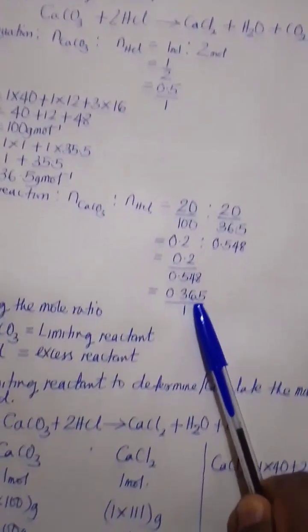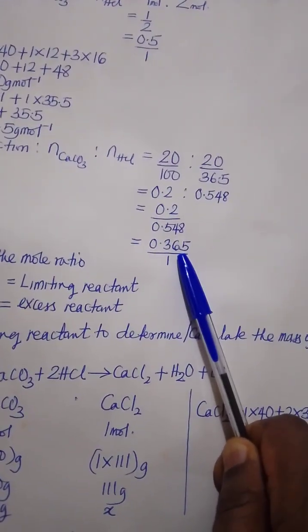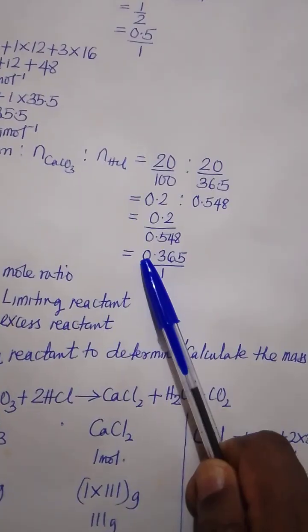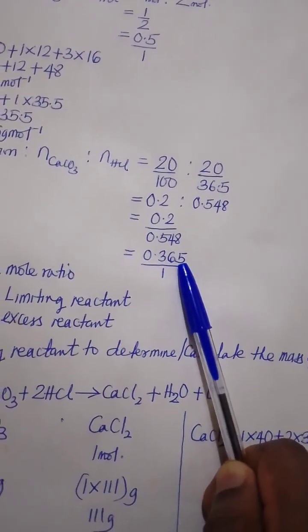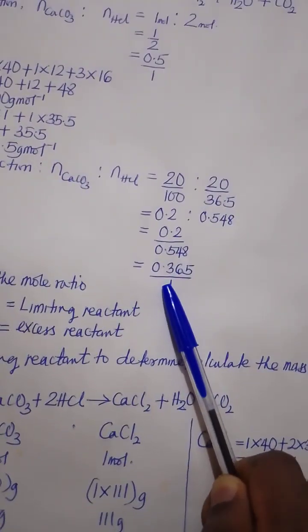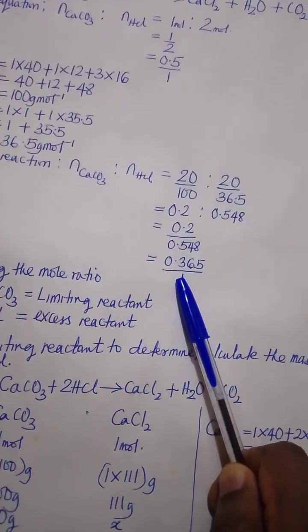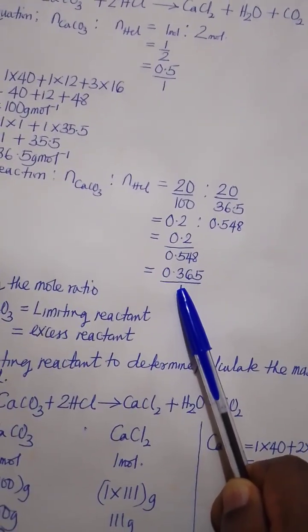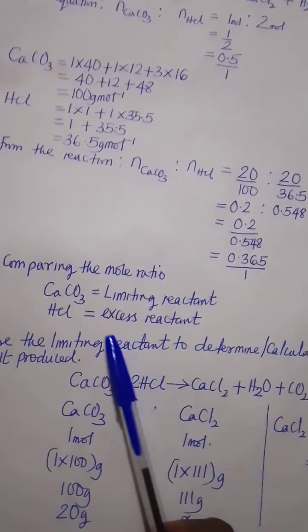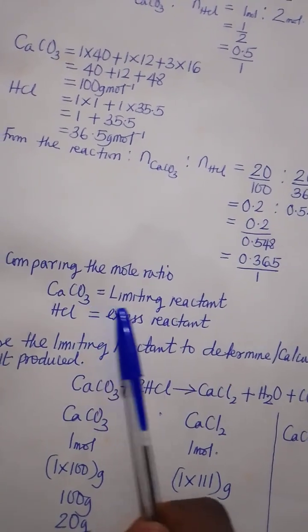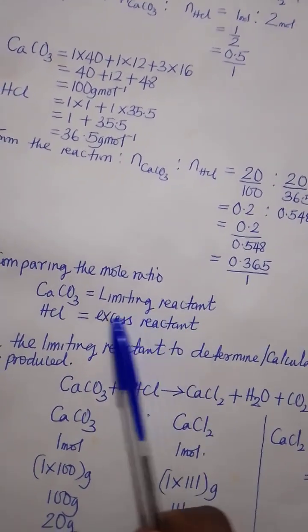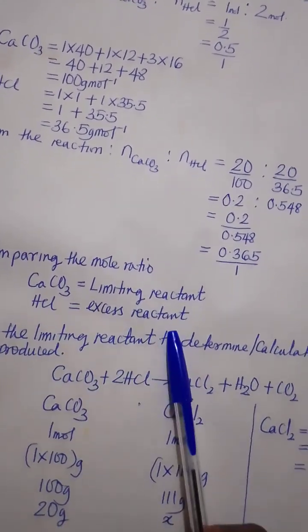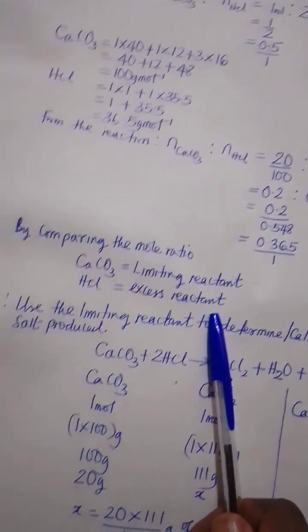However, the reaction is telling us that what we have is 0.365 for CaCO3 and 1 for HCl. So it means that we do not have enough CaCO3. Therefore, CaCO3 becomes your limiting reactant, while HCl becomes your excess reactant.